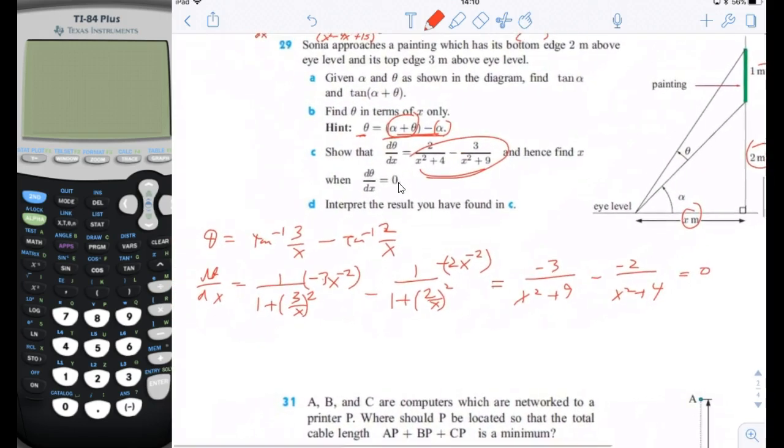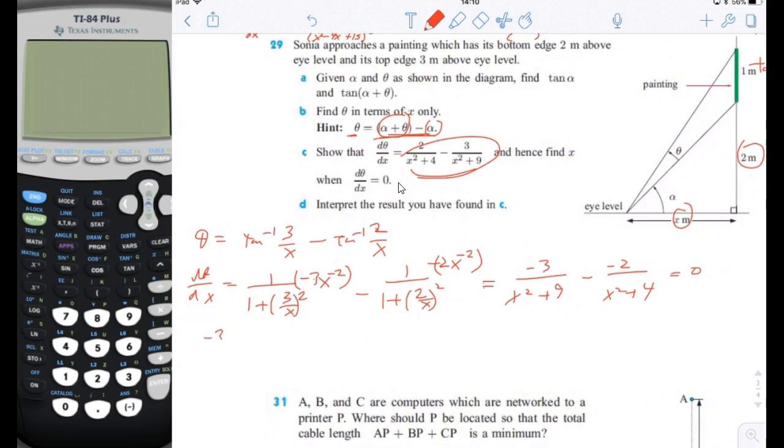So I'm going to multiply negative 3 by x squared plus 4. I'm going to multiply positive 2 by x squared plus 9. And then the right side I multiply by both, and it's just 0, so it stays 0.